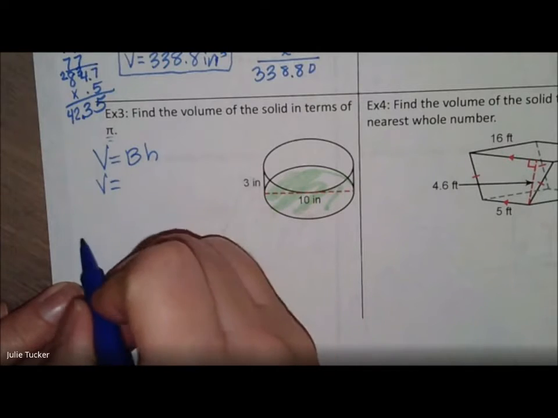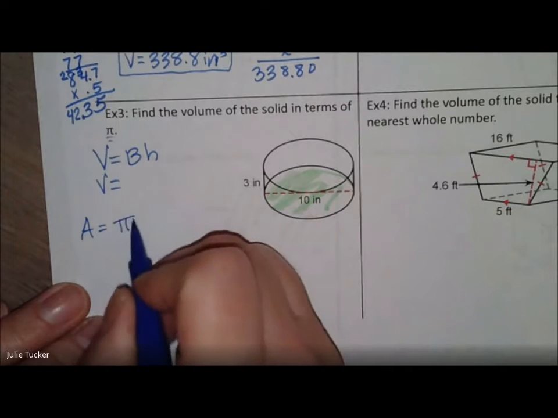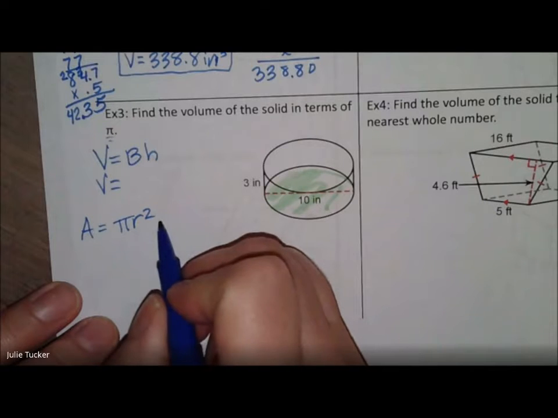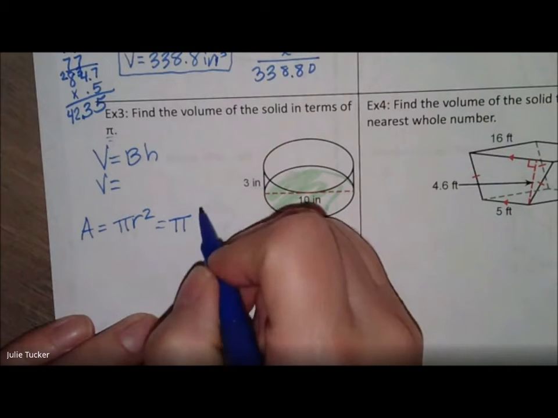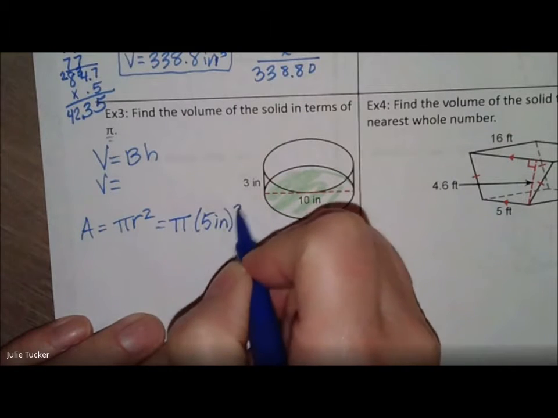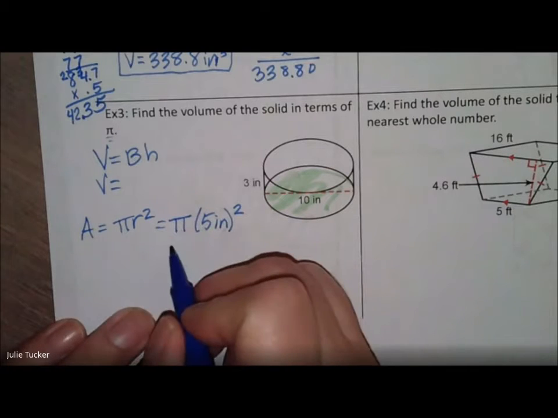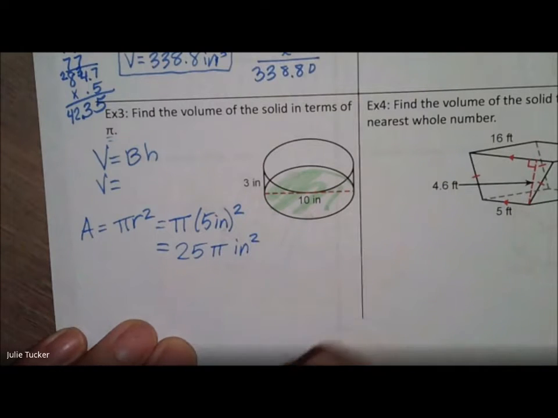To get the area of the base, we need to do pi r squared for the circle, because that's the circle formula for area. And what is the radius of the circle? Good job. So now what does that become when I work it out? Good. So 25 pi inches squared for the area of the base.